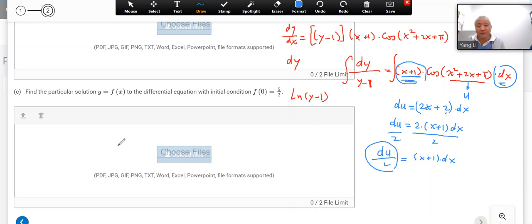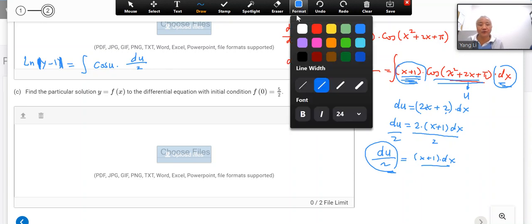So if we do that, what do we have right now? I put it here, okay? ln|y minus 1| equals, of course, the absolute value, the formula uses the absolute value to make sure this part is positive, okay? And this side equals the integral of cosine u, and (x plus 1) dx equals du over 2.